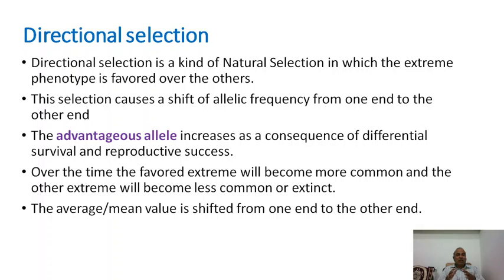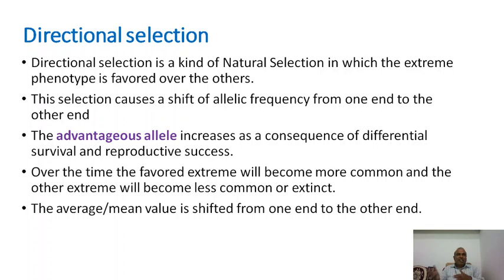The selection causes a shift of allelic frequency from one end to the other. The advantageous allele, whether it is on this extreme side or that extreme side, will increase in frequency as a consequence of differential survival and reproductive success. Under a changing environment, the organism with more reproductive success will be selected.